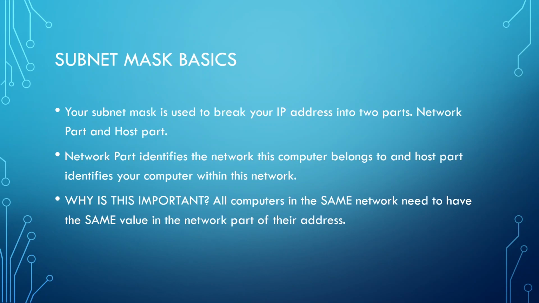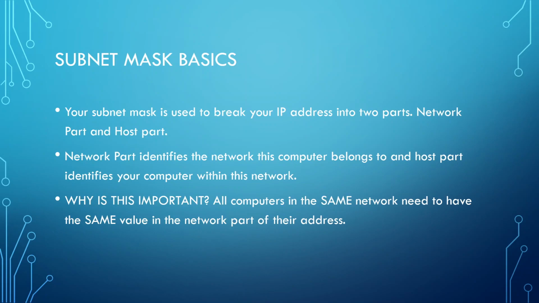So why is this important? All computers in the same network need to have the same value in the network part of their address. So think of the network part as the group that you want to join. Essentially, to be able to join this group, let's say that you want to join this group called the green group, and everybody can identify that you're part of this green group as you have to wear a green t-shirt.